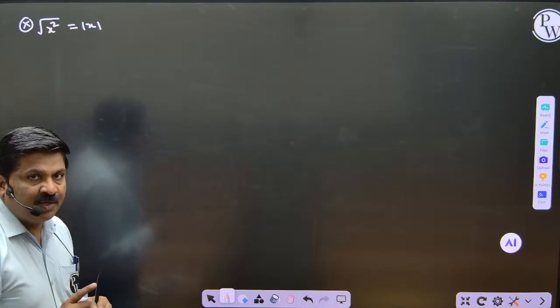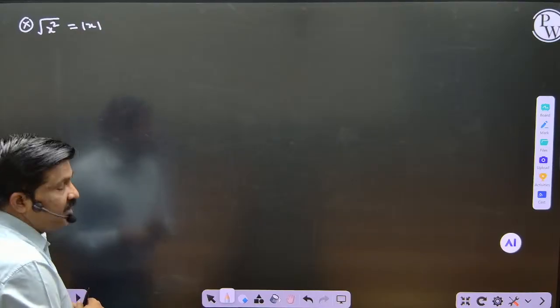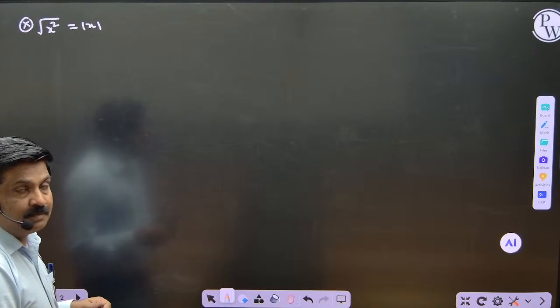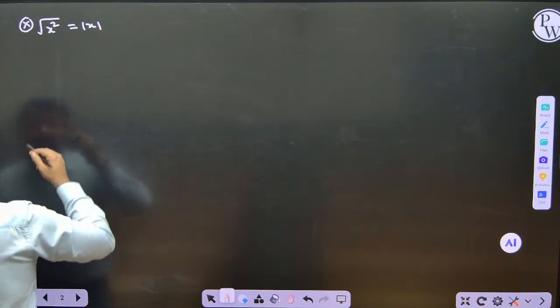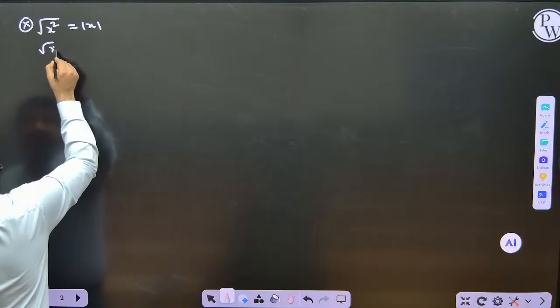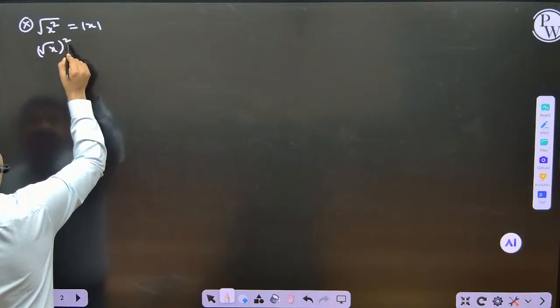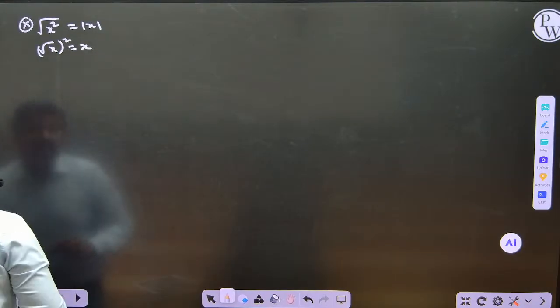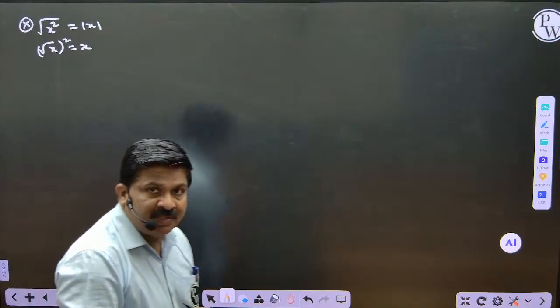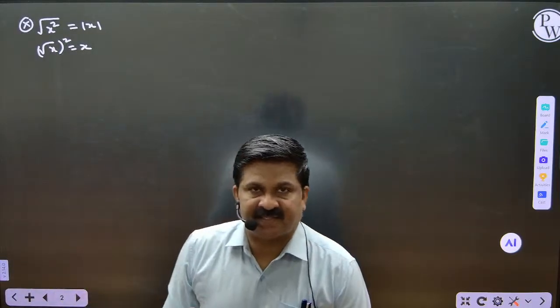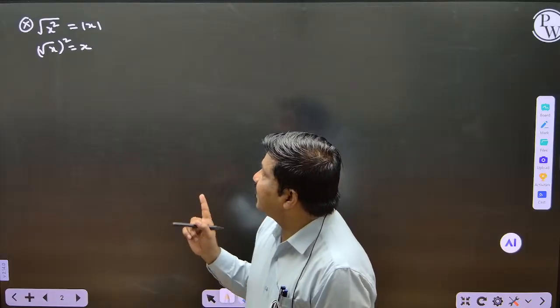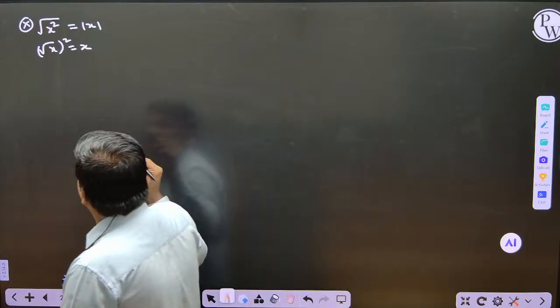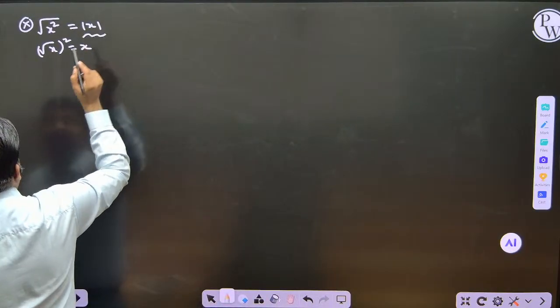Don't cancel out the root and square. But root x whole square is always x. Root x whole square is x, but root of x square is not x. Root of x square is always mod x.